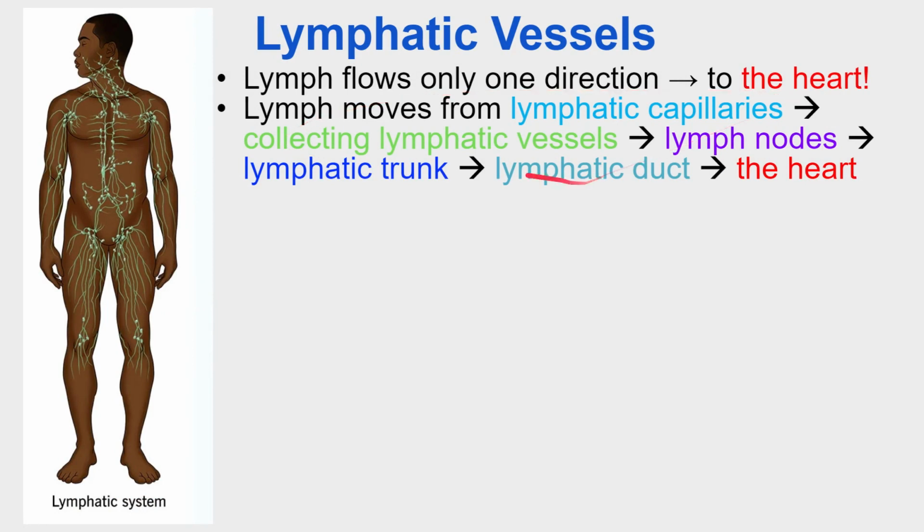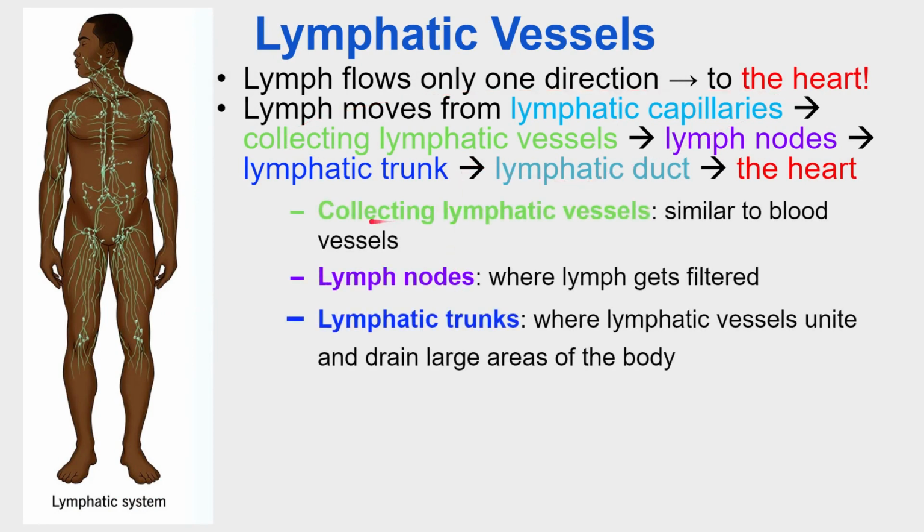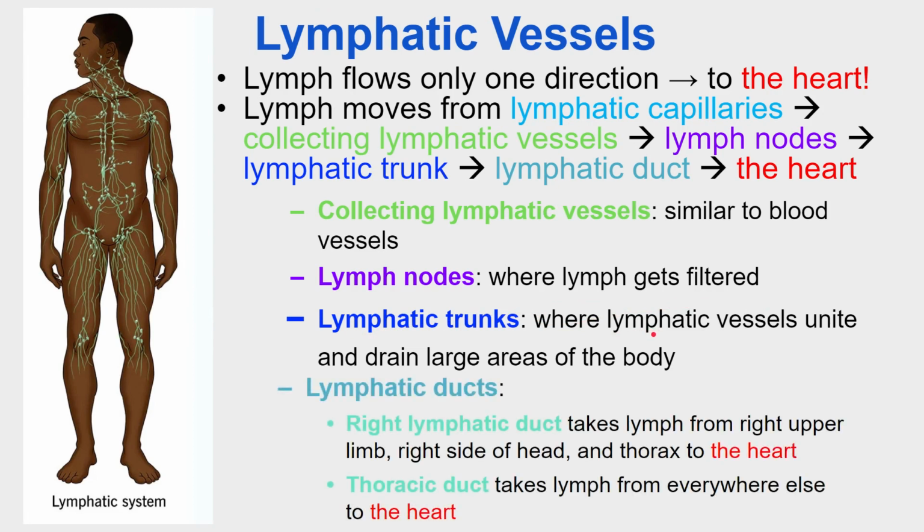Okay, here it is in recap. So we've got our collecting lymphatic vessels, and we can think of these as being similar to blood vessels. They're just sort of moving and transporting this fluid, the lymph, around. And we have our lymph nodes, which is where the lymph gets filtered. And then we have our lymphatic trunks, which is where all those lymphatic vessels unite and drain large areas of the body.